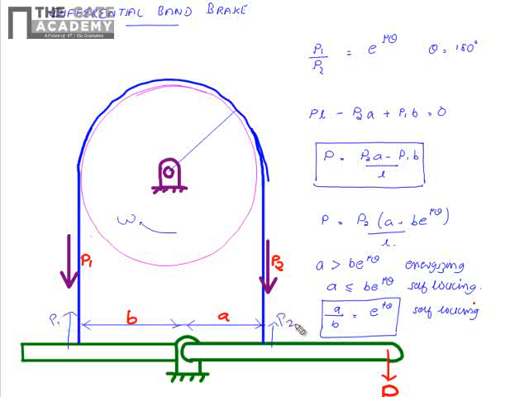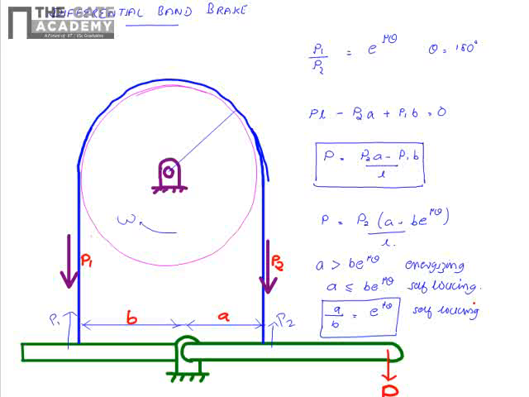Therefore, when you take the moments, it will be P into L plus P1 into B minus P2 into A equal to 0. So that's how we get the actuating force in terms of one of the tensions, which can be a slack side tension or a tight side tension depending upon the direction of rotation. So that is about the brakes.